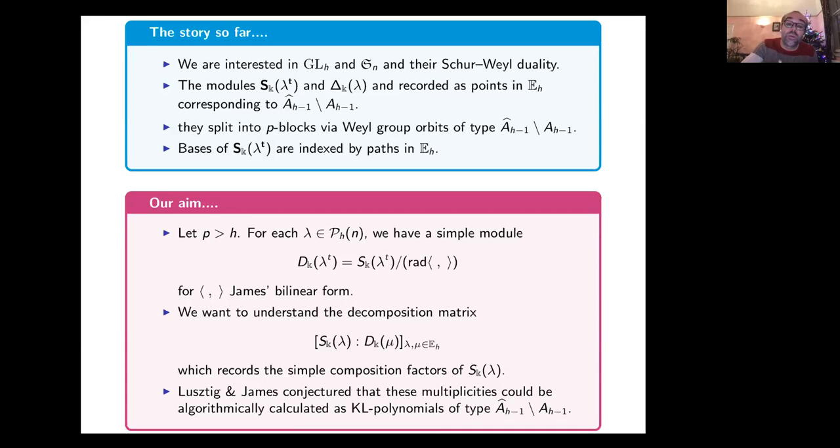And two of the big conjectures when we were just thinking in terms of this symmetric group world, and Hecke algebras, obviously, given what I'm about to say, were that we should be able to calculate these decomposition numbers, providing P is bigger than H, or P is bigger than H will do for Lusztig. And the next step is going to be about, okay, that's not true. Let's see what we can do and what happens, and things like that.